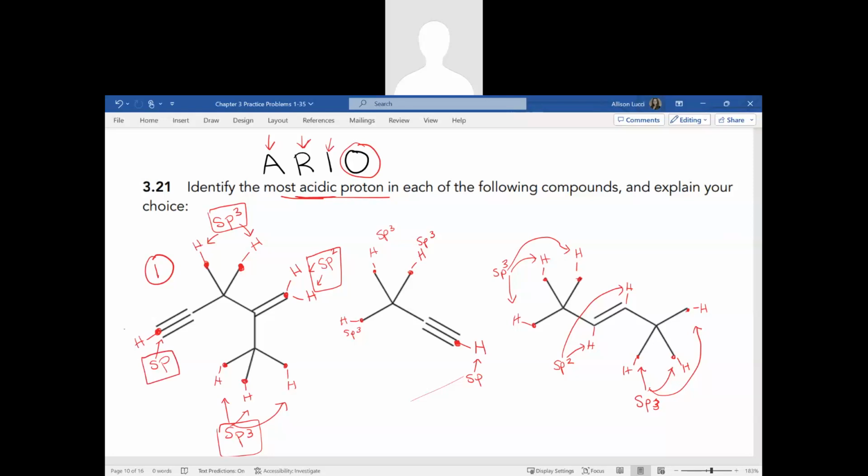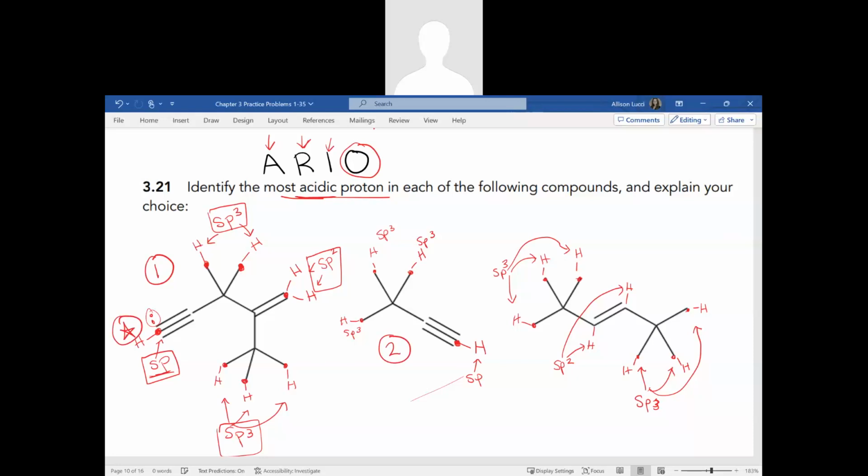If you recall, the sp hybridized orbitals would produce the most stable conjugate base. So when this is deprotonated, that lone pair is better stabilized with an sp hybridized orbital. So this would be our most acidic proton over here. Something similar with compound 2.